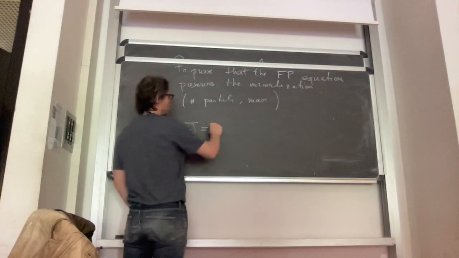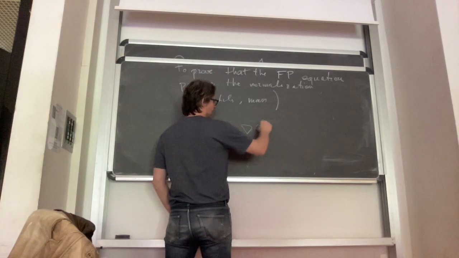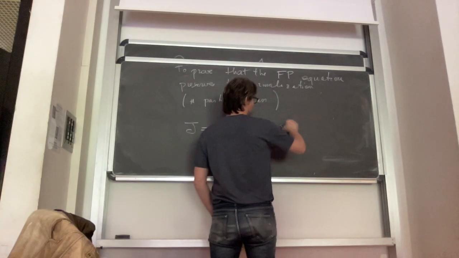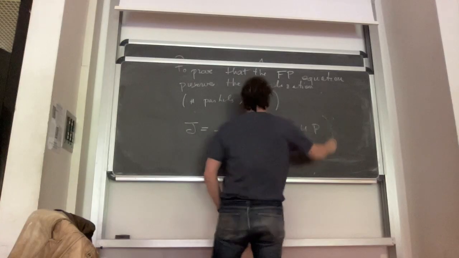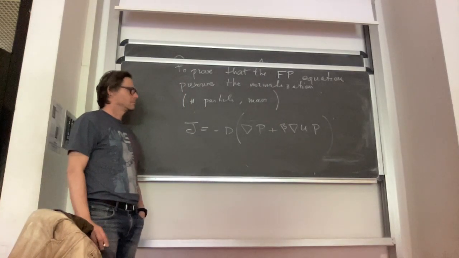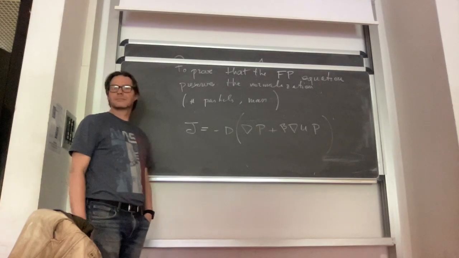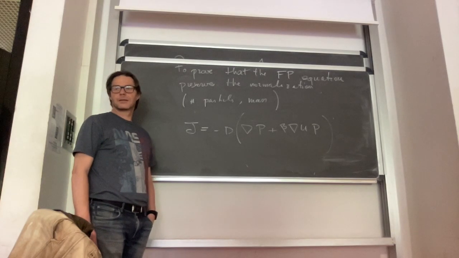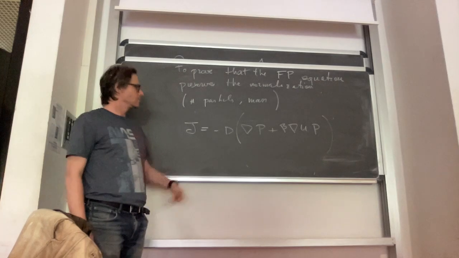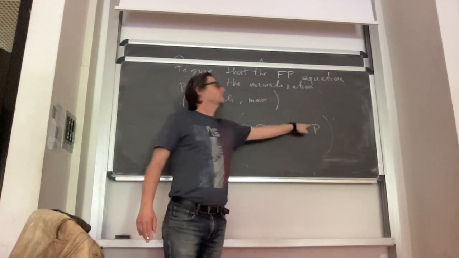Let's define an object called minus D grad p plus beta grad U p. It's my definition. Gradient of p, gradient of U times p.